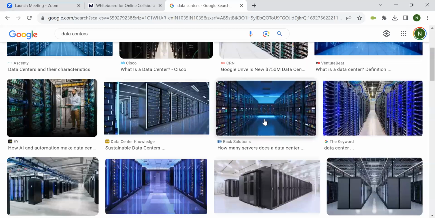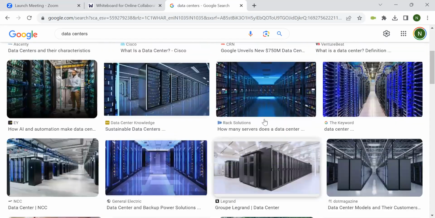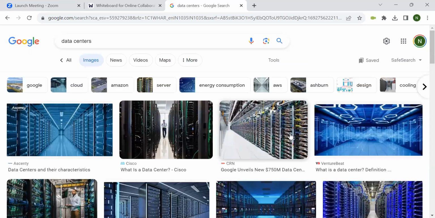Those data centers are located in a particular geographical location, and there they divide into regions, realms. You will get to know these concepts, but these are some of the terminologies that we need to know.